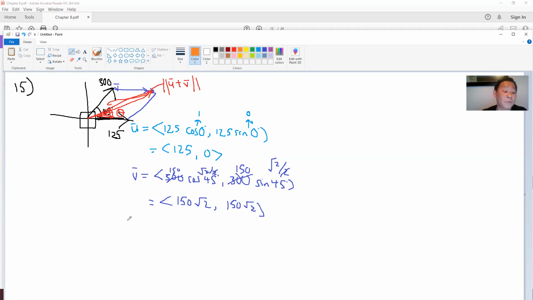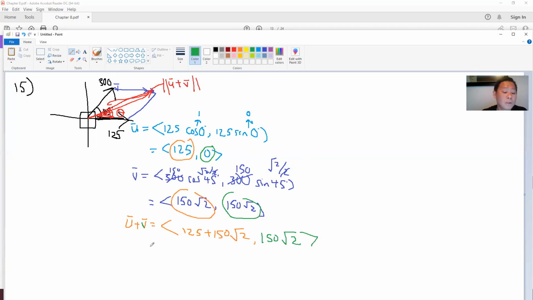Now we need to find the resulting u plus v. So what you do is you just take this and add up. This will be 125 plus 150√2. And you add the second component. The good news about the second component is that it is 0 plus that, so you get 150√2. So this is what we call vector u plus v.